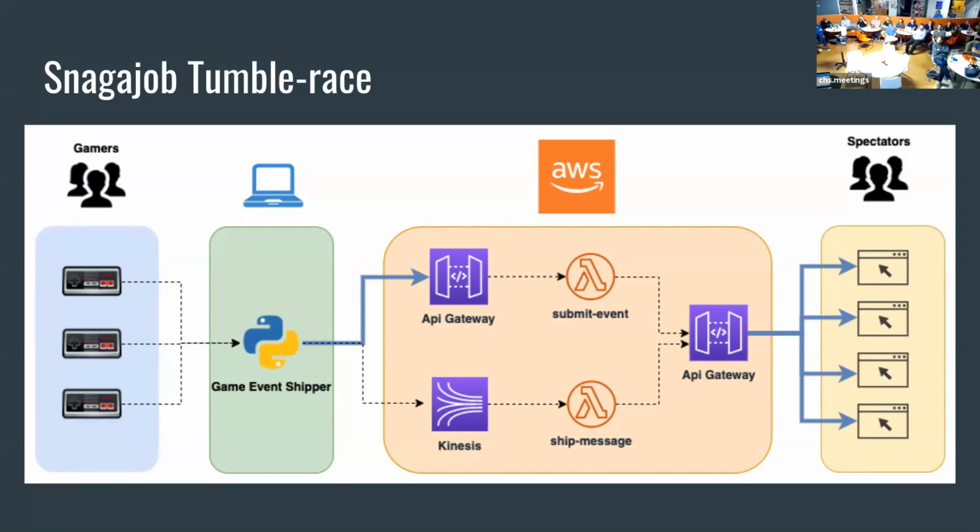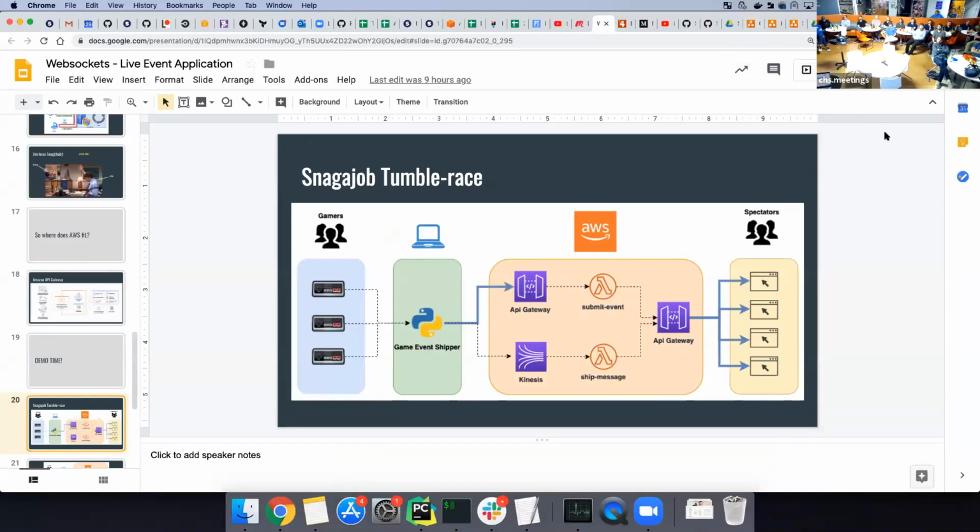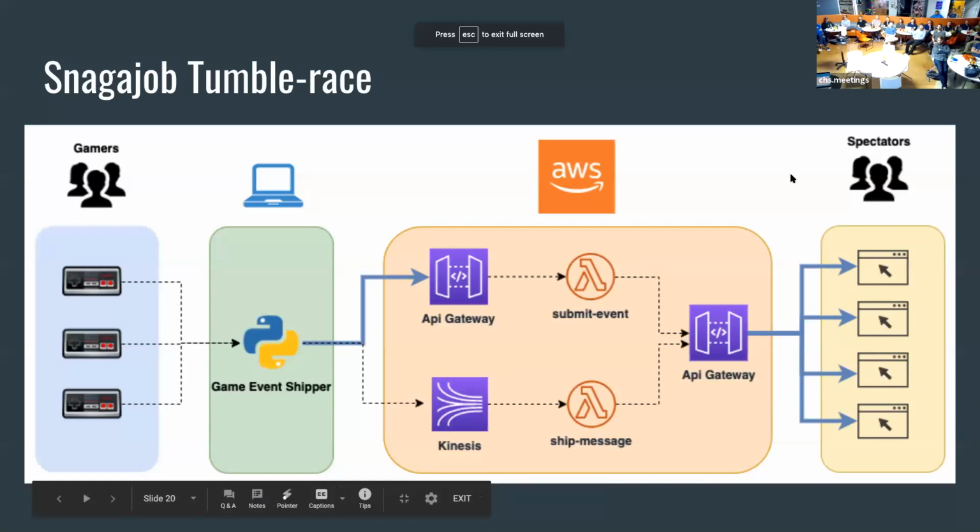Then there are Lambdas running in Amazon that are going to receive these events and forward them on back to Amazon API Gateway, which will send the events out to the users, the spectators.